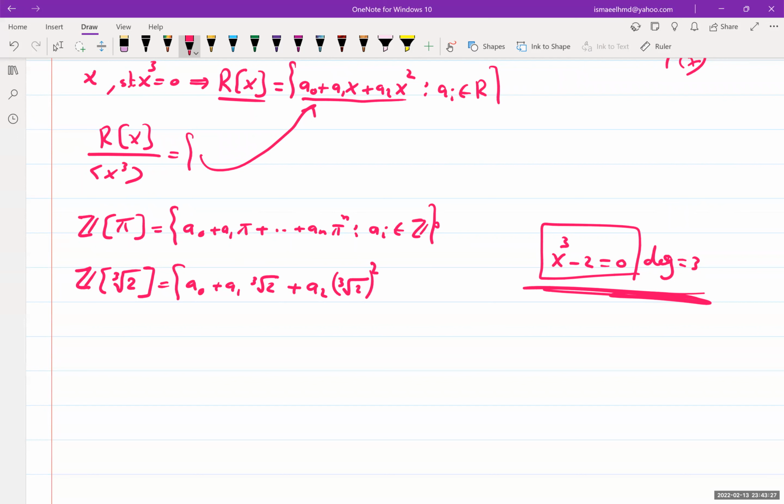So the polynomials in the polynomial ring Z[cube root of 2] must be of degree less than 3, that is, polynomials of degree 2, with ai in Z. Here, the cube root of 2 is an algebraic number.